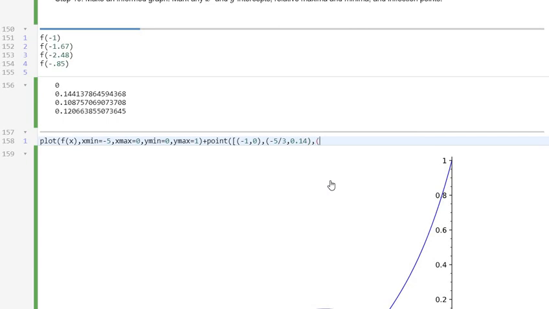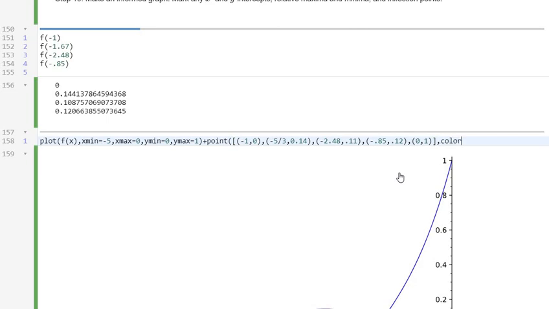And then we have the -2.48, and the y value with that one is 0.11. And then we have the -0.85, and the y value with that is 0.12. Okay, this takes care of our x-intercept here. And the last thing is the y-intercept, 0, 1. And bracket, and that list of points.